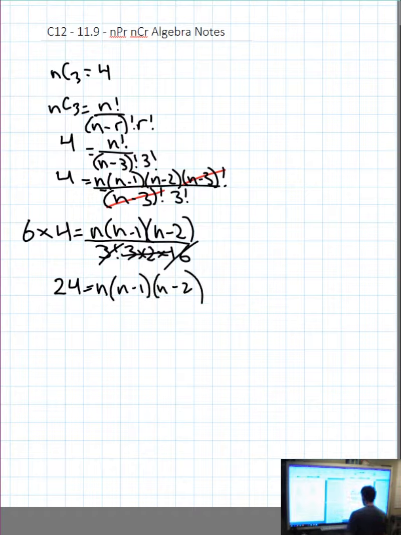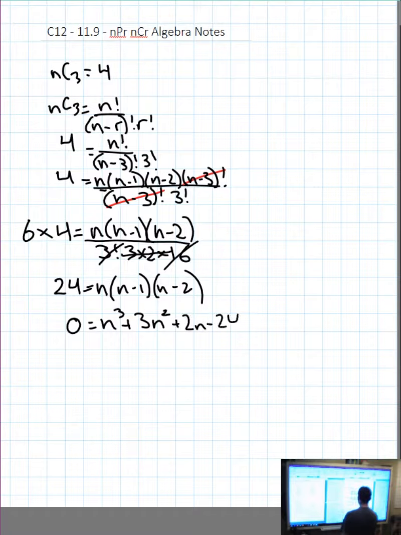Now, as seen in the notes, I've FOILed it all out, and I've got it equal to 0, so I'm just going to skip those steps, which is n cubed plus 3n squared plus 2n minus 24. And this thing should look like a cubic factoring from polynomials earlier in the chapters, whereby we can factor it by doing guess and check and all sorts of methods. But a lot quicker just to try it out. 4C3, etc., from the top.